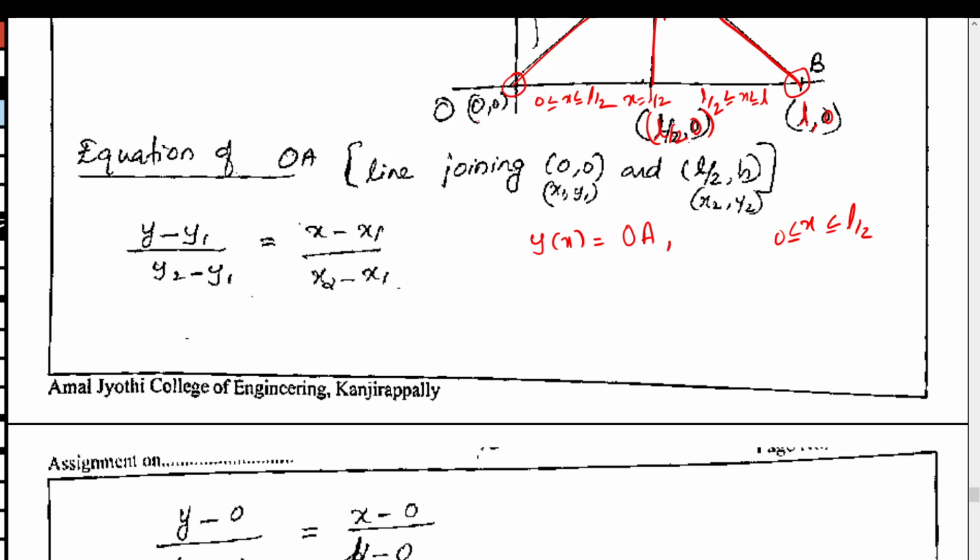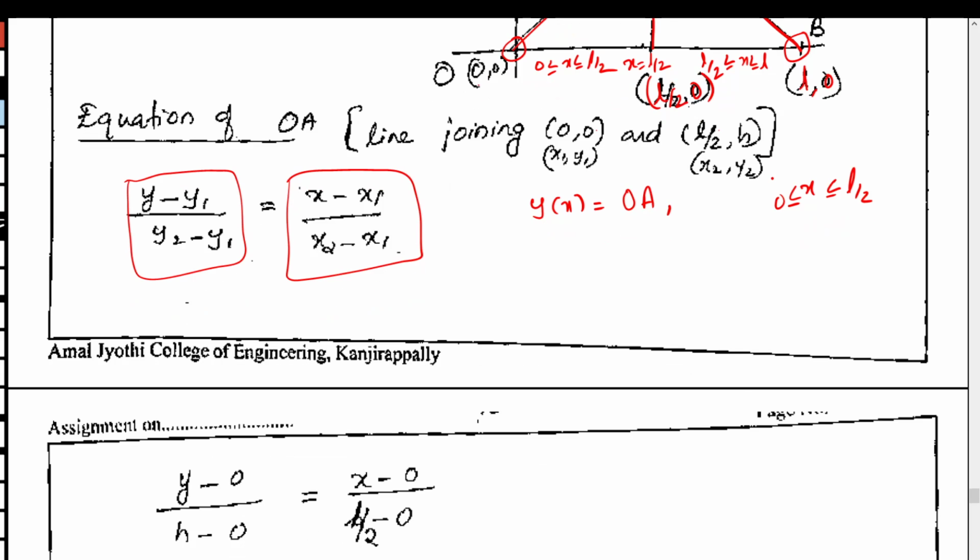The equation is given by (y − y1)/(y2 − y1) = (x − x1)/(x2 − x1). Here we have taken x1 = 0, y1 = 0, x2 = L/2 and y2 = h.